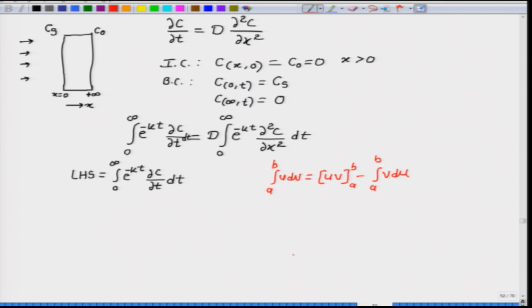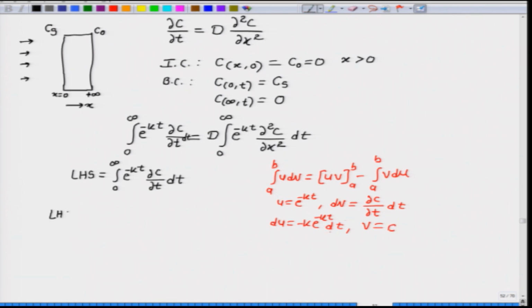If we look at the integrand here, we can assume u equal to e to power minus k t and dv equal to dou c by dou t dt. So, du becomes minus k e to power minus k t dt, and v is nothing but c.